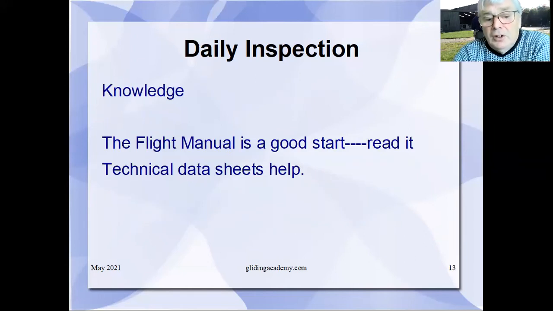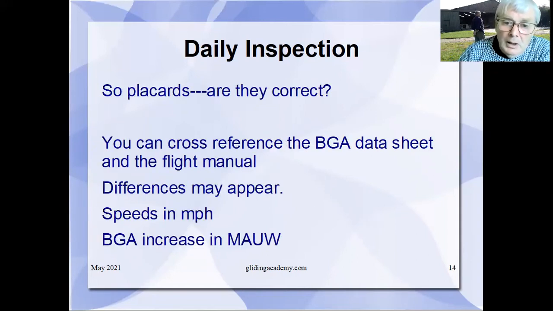Looking at the knowledge, a good place to go is the flight manual. It's a very good start. You should read that. There are also technical data sheets for every glider on the British Gliding Association website. Go and take a look at the technical data sheet for your glider. Placards, are they correct? Very often this is an area where you'd be surprised how often placards are actually incorrect.